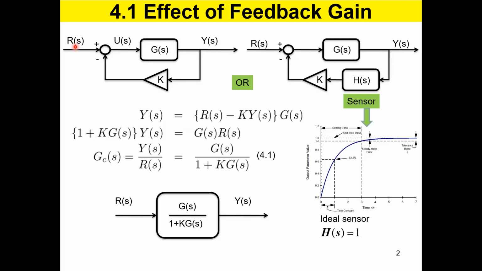So in control systems, you can do whatever you want to a plant in order to achieve this Ys equals Rs. You make the adjustments, you make the connections, you change the gains, right?